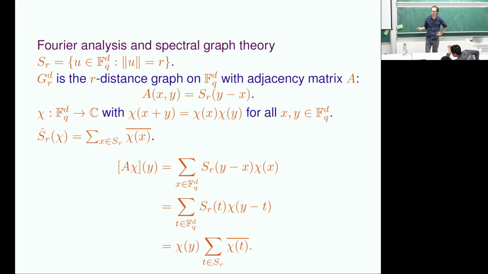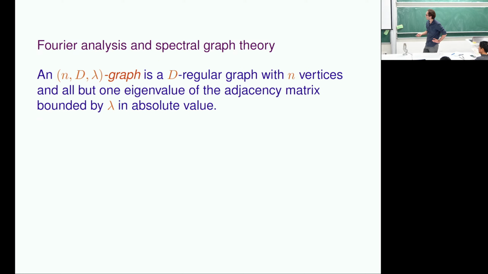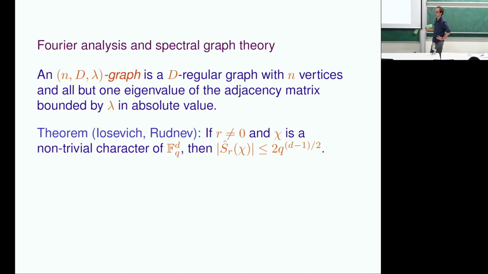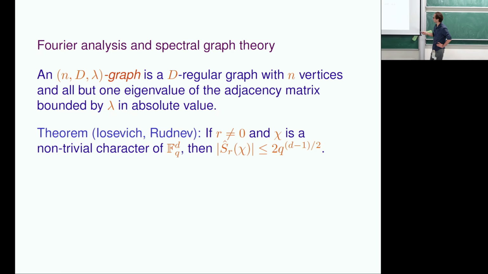So the Fourier coefficients of the sphere are exactly equal to the eigenvalues of the distance graph. The main technical result of Iosevich and Rudnev is that all the Fourier coefficients of the sphere that are associated to the non-trivial characters of Fq to the d have this bound of q to the (d minus 1) over 2.